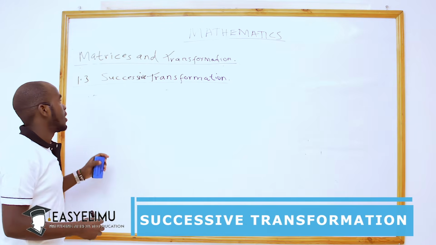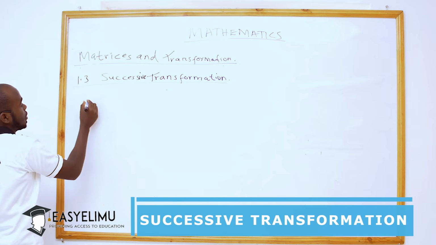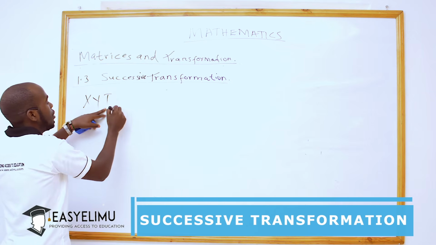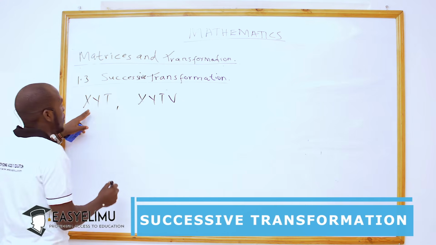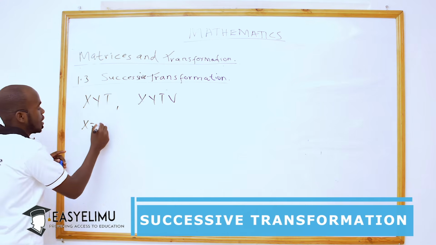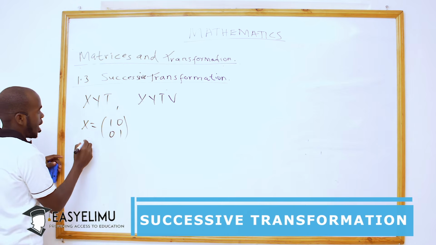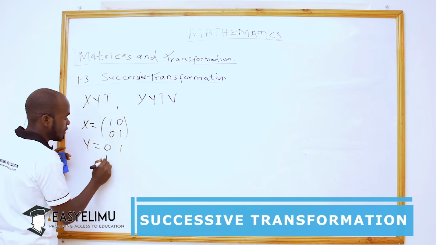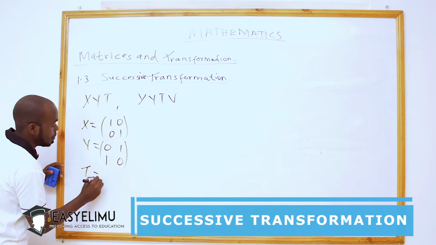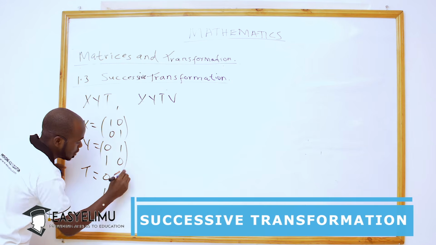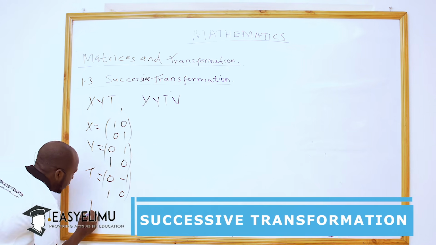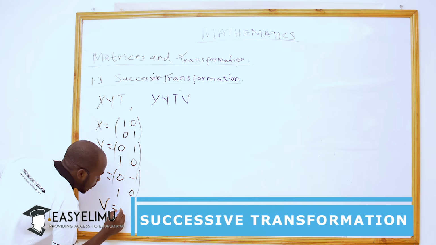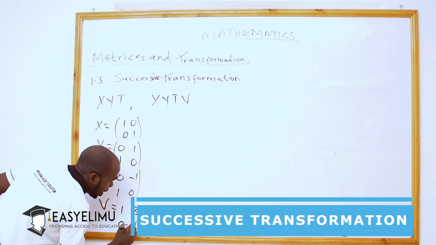In general, we can say that given any kind of transformation, it can be XYT or even XYTV, whereby X has been given as 1, 0, 0, 1, Y can be given as 0, 1, 1, 0, and T being 0, -1, 1, 0, and V being 1, 3, 0, 1.